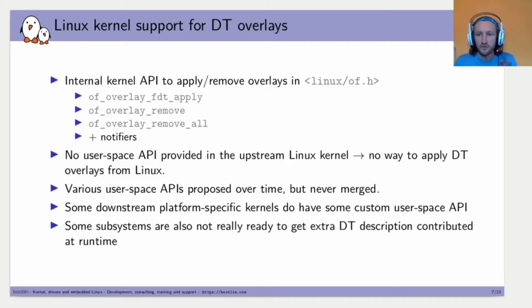Various of them have been proposed over time but never merged. You can find it easily on the internet, the ones of the API proposed, and also some downstream vendor kernels could use a custom user space API, but it's not in the mainline.